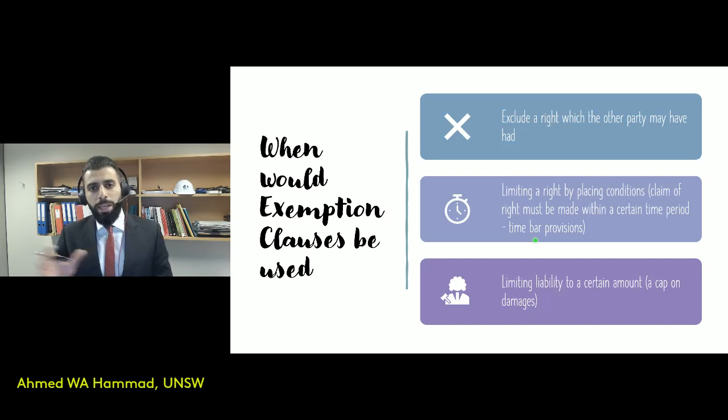Otherwise, if they make it outside of that time period that's specified, then the right no longer exists, and that's a time bar provision. And the third example is where the right is limited. An example of that would be where you cap damages. So if you know that there would be damages, you'd say, I won't pay more than $100,000, and that could be an exemption clause that's specified in the contract.